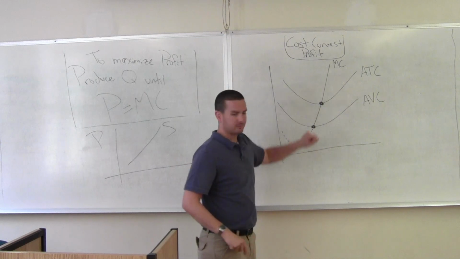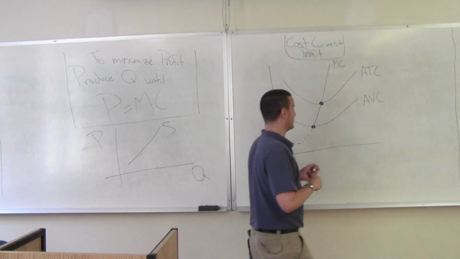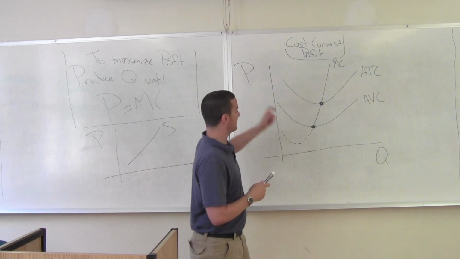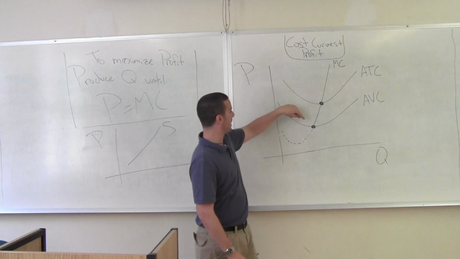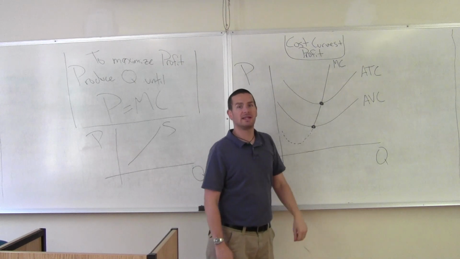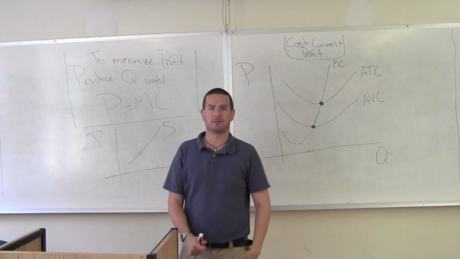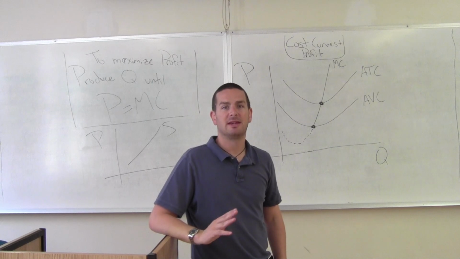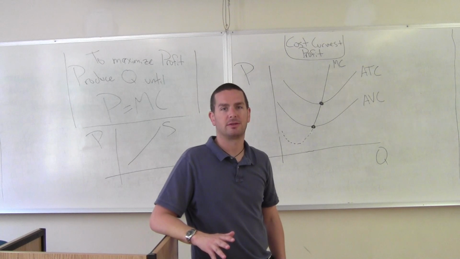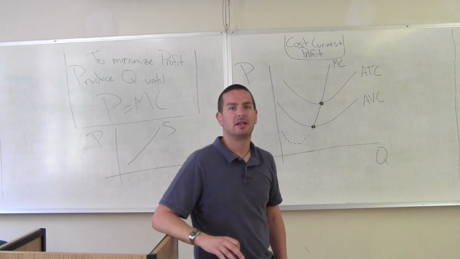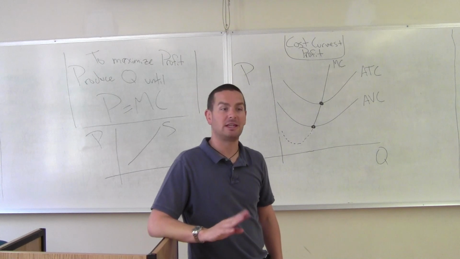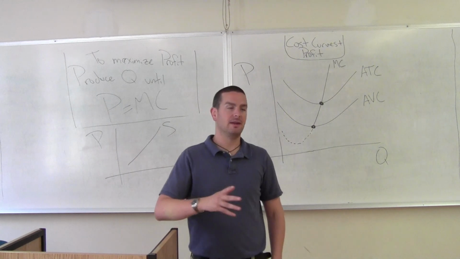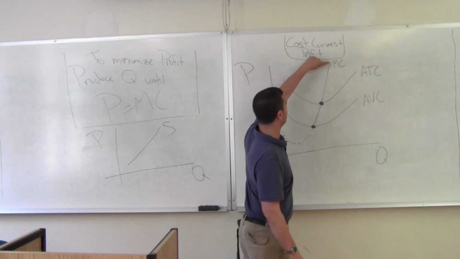Well, here, if we label the axes, this is price, this is quantity. As price goes up, the quantity supplied goes up as well. That is as long as the price is above the shutdown point. So if the price is equal to or greater than the average variable costs, then you'll have the supply curve.